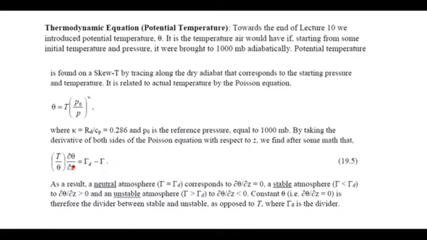So for a neutral atmosphere, one where gamma_D and gamma are equal, dθ/dz is 0. That means constant theta is now the divider between neutral, stable, and unstable. Remember gamma_D was the divider before. Now you can also relate that to potential temperature, where a neutral atmosphere has dθ/dz equal to 0, because gamma_D and gamma are equal, and if you subtract them you get 0.